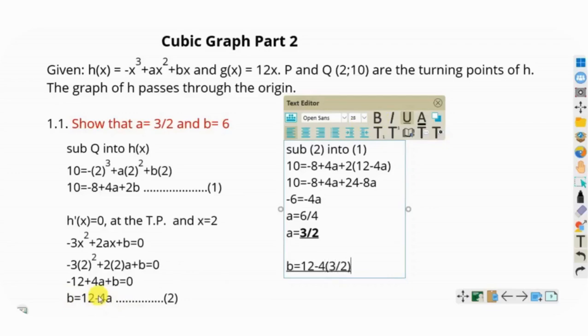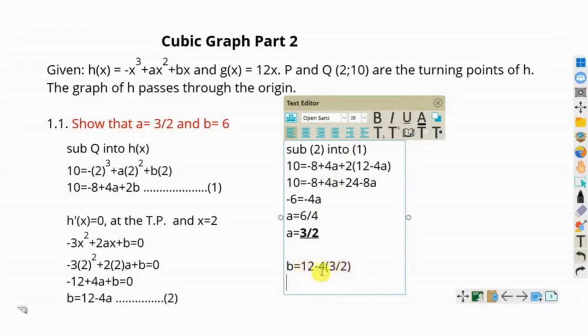Okay, so when you simplify that, 4 times 3 is 12, divided by 2 is 6. So this is the same as 12 minus 6, because 4 times 3 is 12, and 12 divided by 2 is 6.